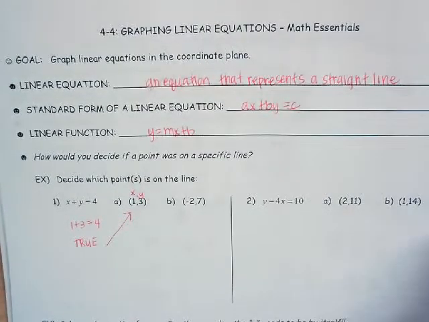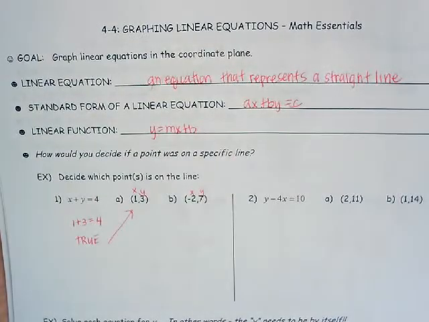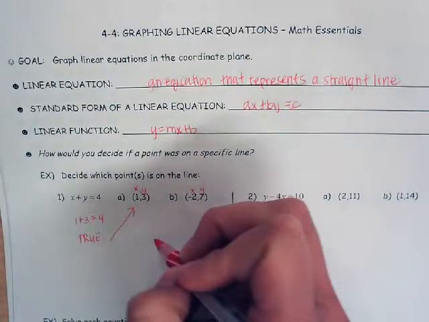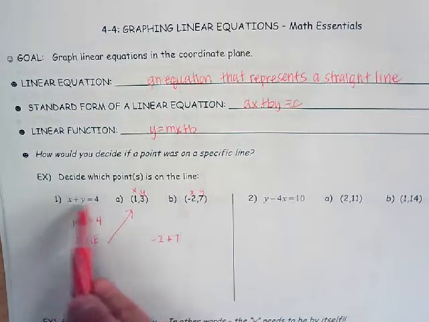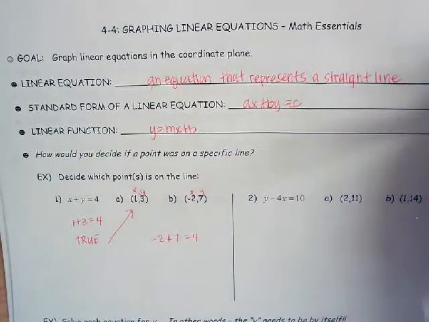Let's check to see if negative 2, 7 is also a point on the line. So this is my X and this is my Y. If I put negative 2 in for X and 7 in for Y, so negative 2 plus 7, following this equation, is supposed to equal 4.